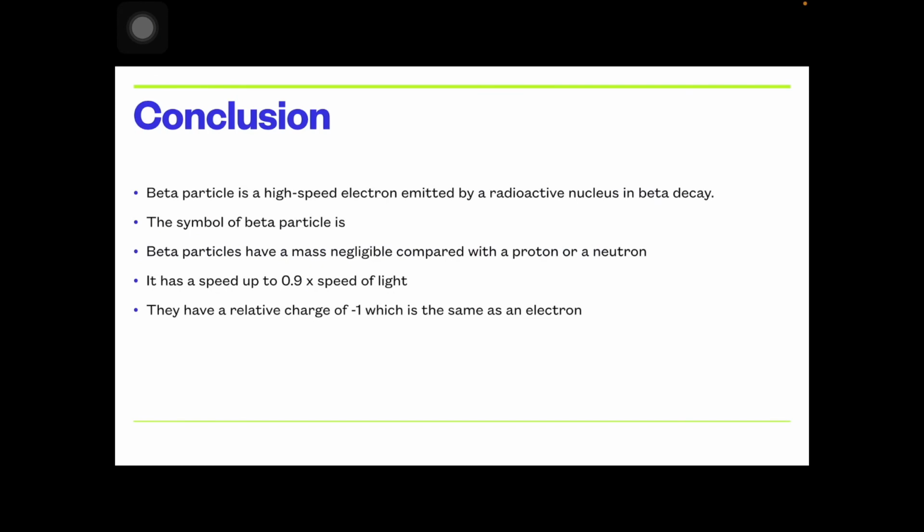In conclusion, we can learn that a beta particle is a high-speed electron emitted by a radioactive nucleus in beta decay. The symbol of a beta particle is shown here. Beta particles have a mass negligible compared with a proton or a neutron.